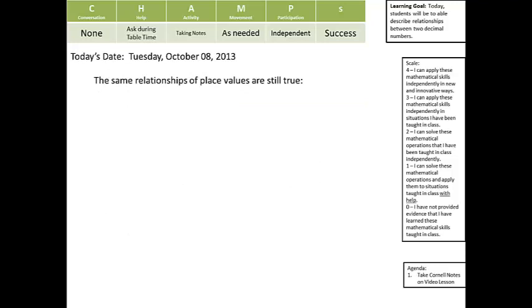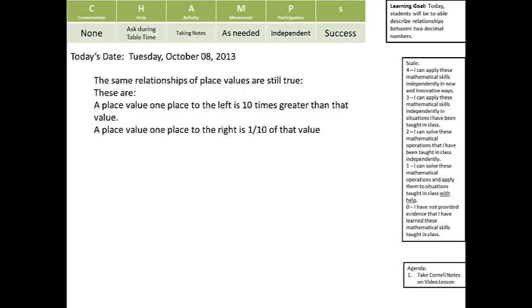So we're going to keep the same relationships of our place value, whether we're using decimal numbers or whole numbers. And those relationships are: if I move one place to the left, then the value is going to be 10 times greater. If we move one place to the right, that place value is going to be 1/10 of the value.